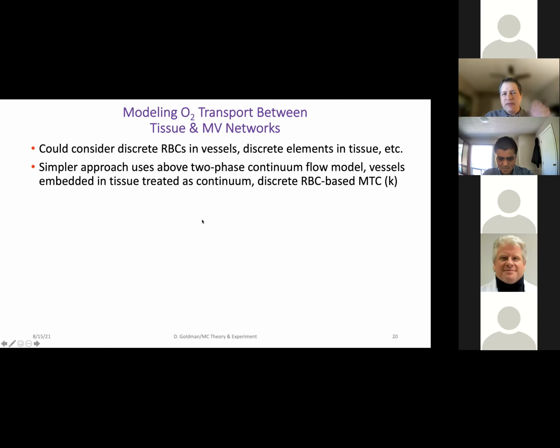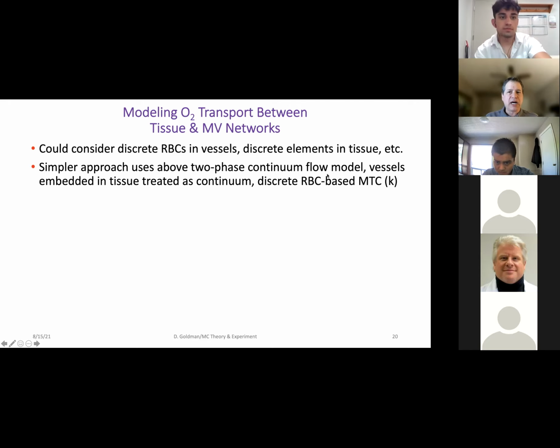But again, we've taken a simpler approach where we use our two-phase continuum flow model that I just described, and we use vessels embedded in tissue that we assume is continuous. And so it's basically a continuous medium for diffusion, but it also consumes oxygen. And then we do put in, so people have found that there is a discrete effect in oxygen transport between vessels and tissue.